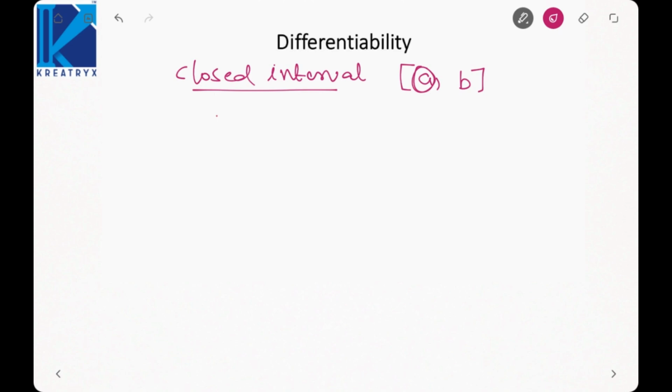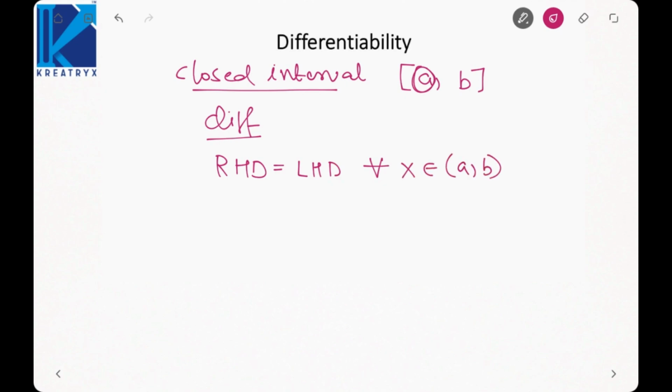So, to define differentiability, we will say that the right hand derivative is equal to the left hand derivative for all x belonging to the open interval AB. But at point A, we cannot calculate the left hand derivative.